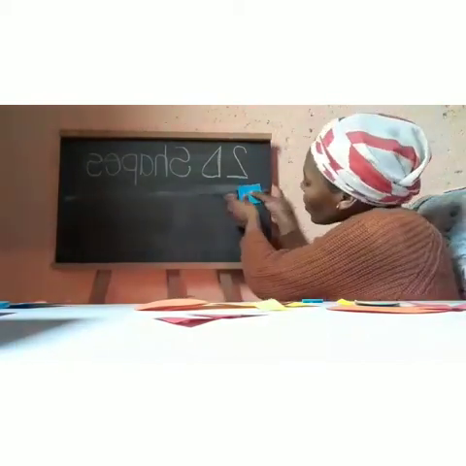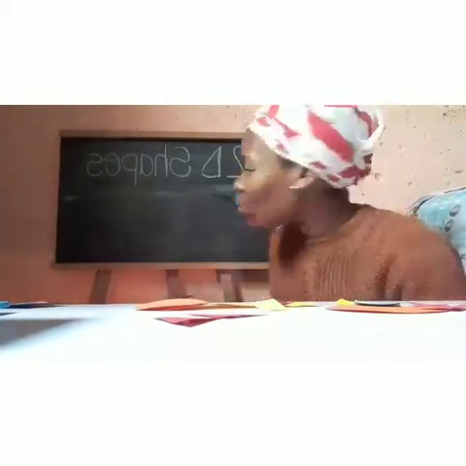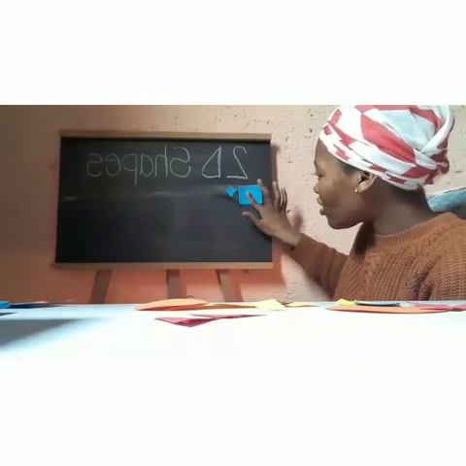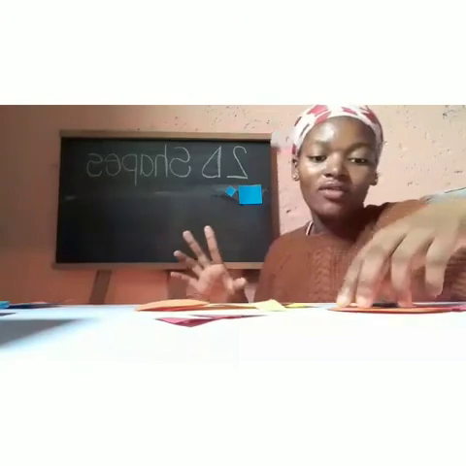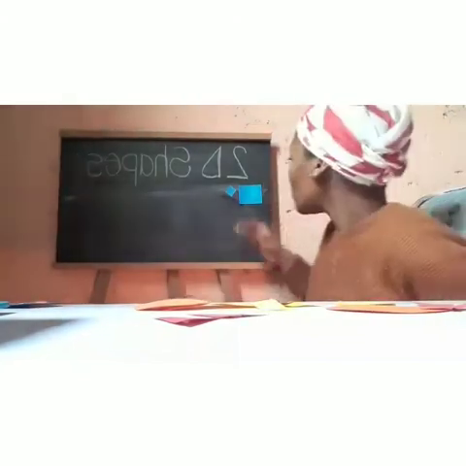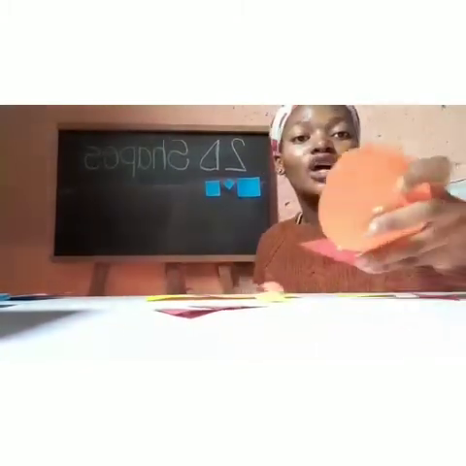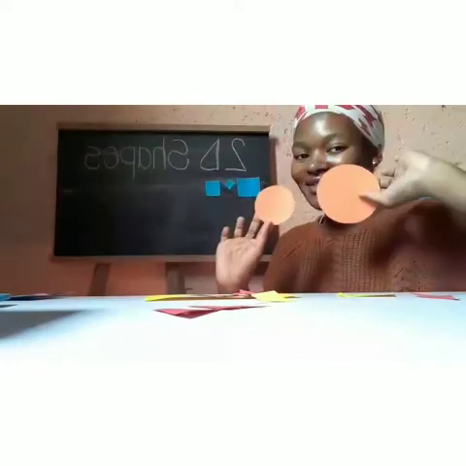Place it on the squares, and then I'm going to demonstrate how these shapes differ, like how I'm going to place all of them in their different forms. Okay, we're done with the squares. Let's move on to the circles.